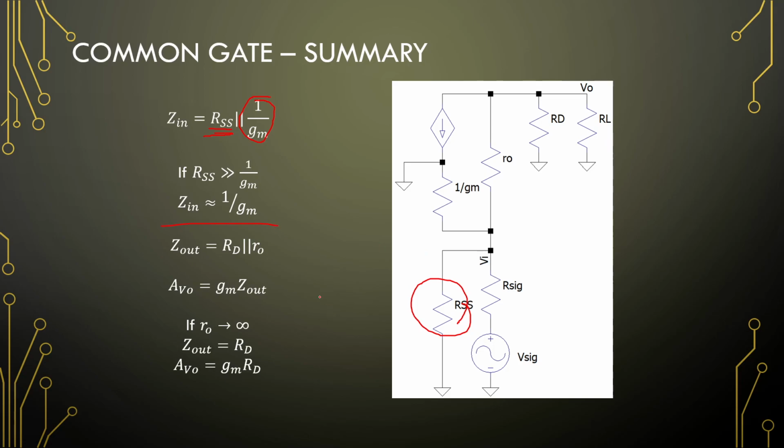Right, so there we have that. Output impedance, RD parallel to R out. The larger R out can be, the closer the output impedance will become to the drain resistor, and the gain is GM RD for this amplifier. Okay, so let me open the simulations and have a look at them.